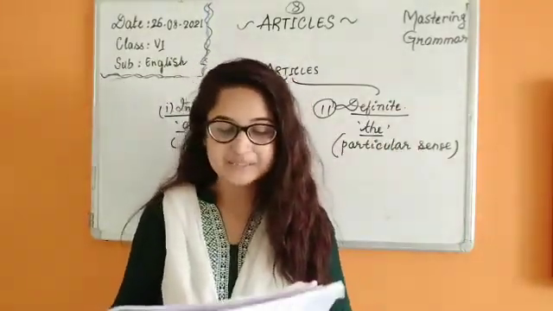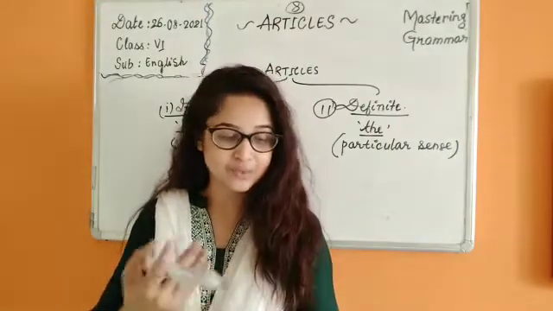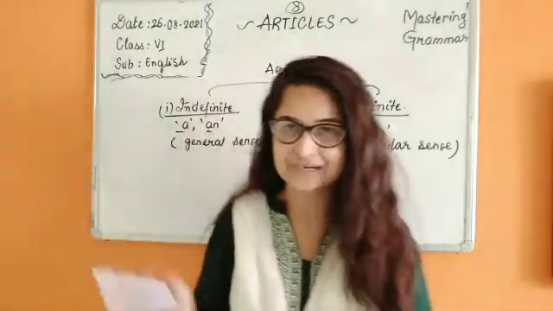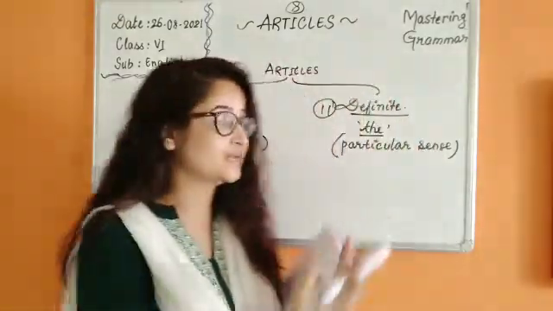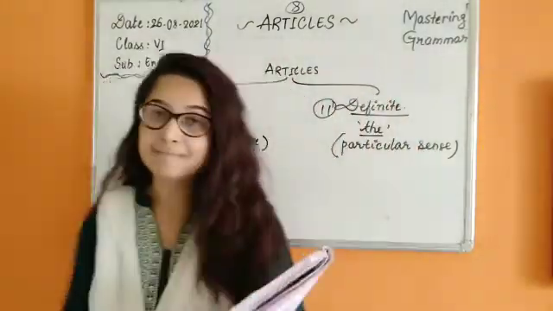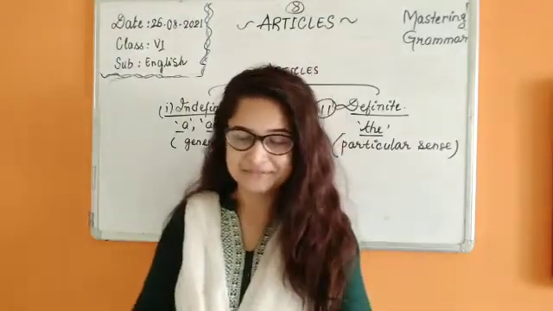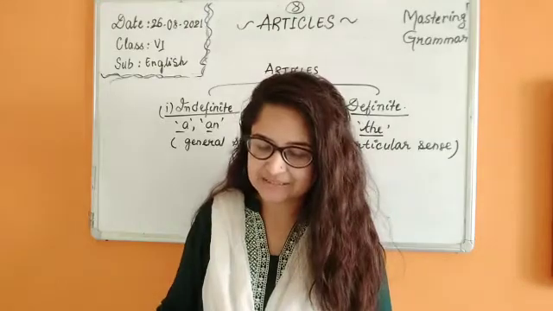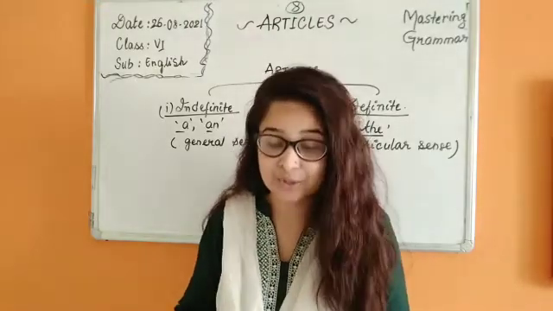With the definite article, which we will learn after we have finished the indefinite article, I will tell you they are used for a particular person or particular thing. Indefinite articles do not point at any particular thing, person or animal.